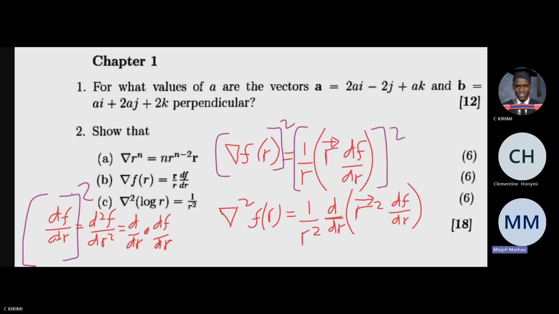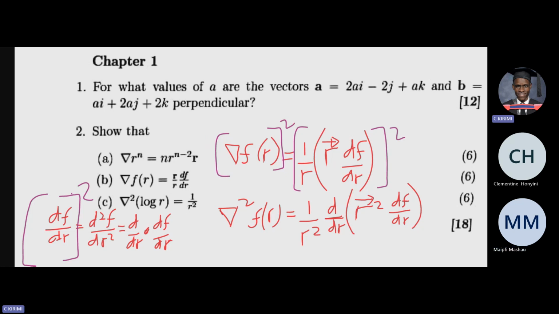So the squared df over dr is the same as d/dr multiplied by df/dr. Then you replace it in the original equation, where you wrote everything squared, and then you took the d/dr outside the bracket. Excellent. Yes, I took it outside.